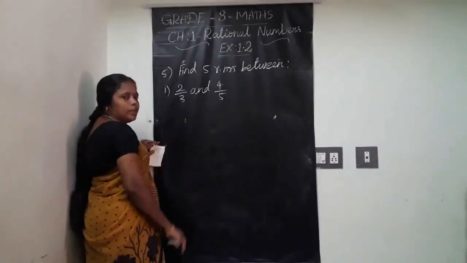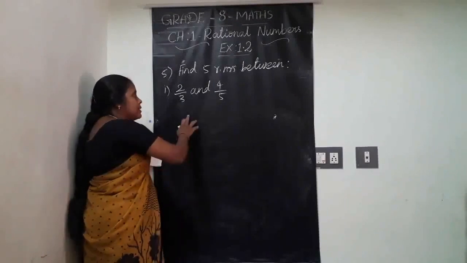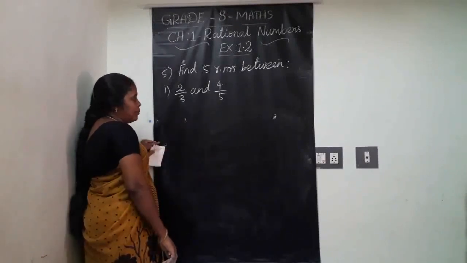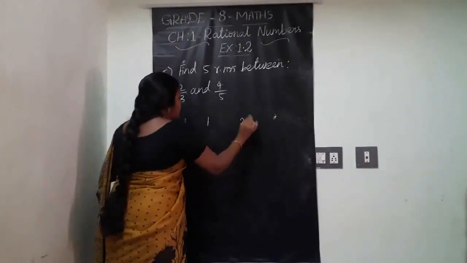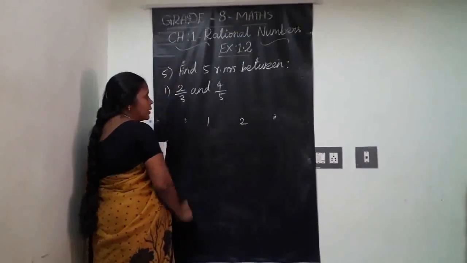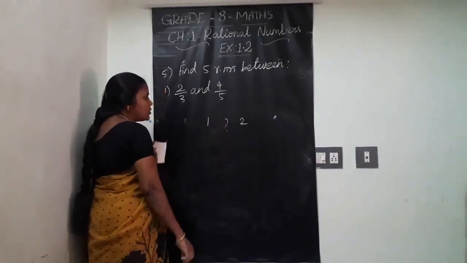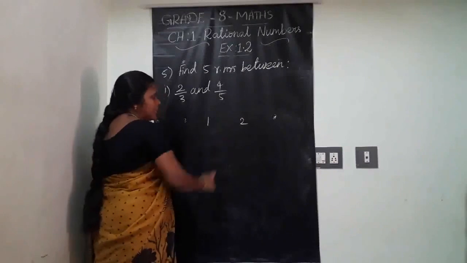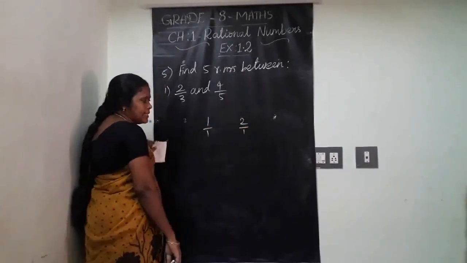Then find 10 or 5 rational numbers, however many they are asking. There is another method. See, what is that? See, 1 and 2. For example, this is one number, that is another number. Which number comes between them, you can tell easily. 1 and a half is there. 1 by 1 is a rational number, 2 by 1 is a rational number.